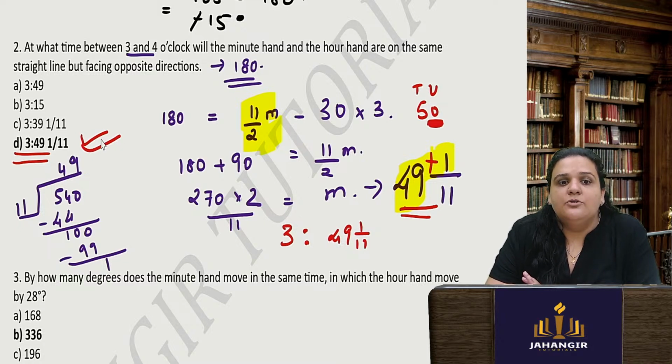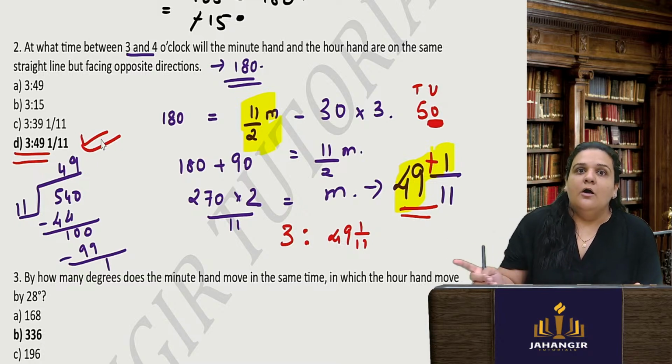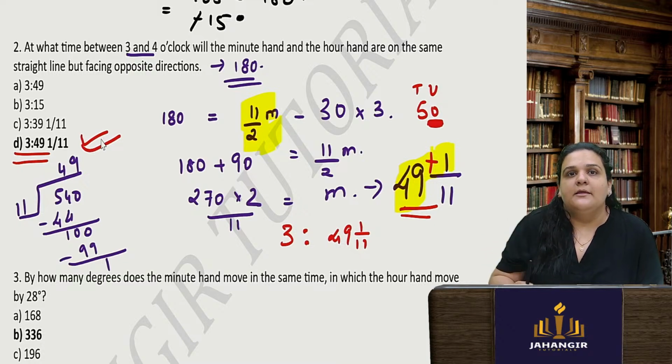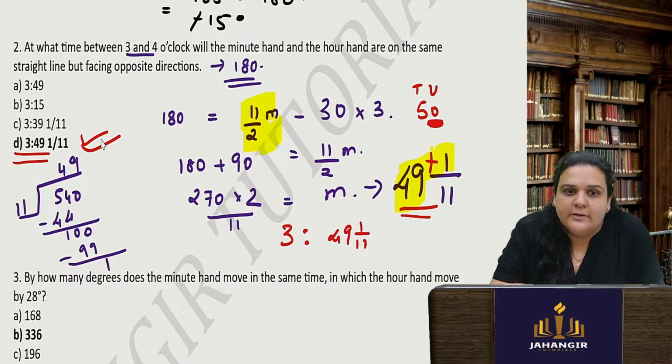In the mind, you just need to know that for 180, you add the hours multiplied by 30. Then multiply again by 2 and divide that number by 11 and see what answer is coming. So I came to know it is 49. When I am dividing 540 by 11, obviously the 11 table is very easy in the mind. You will be able to crack this particular question. Okay.